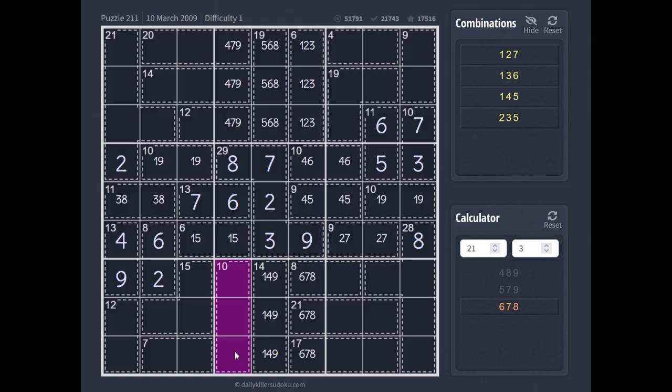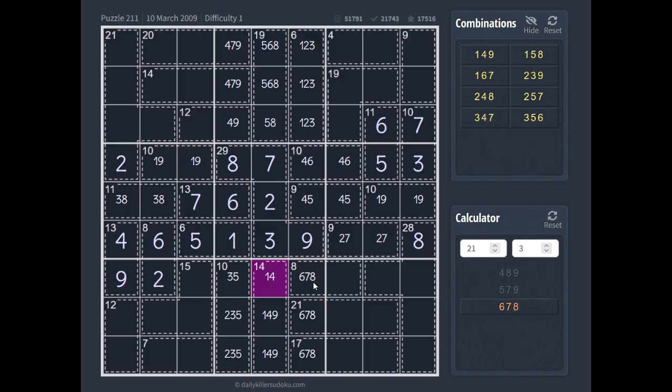And so we know that this 10 has a 2 and a 3, so it must be a 5, which makes that a 1 and that a 5. We can get rid of the 6 here and the 7 there. We can get rid of the 2 there and the 9 there.